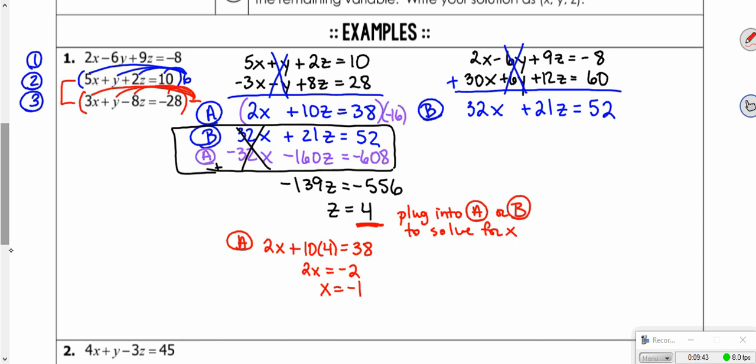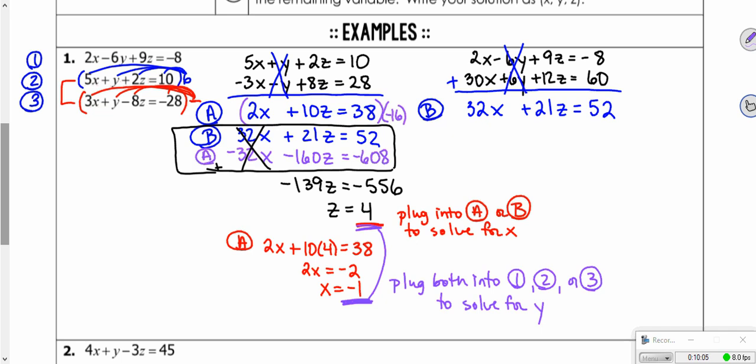Now I'm going to take this negative 1 and this 4. Now I can plug those into 1, 2, or 3 to solve for y. So again, we're back solving. You solve for your first variable, you plug it back into A or B to solve for the second one, then you plug those two back into equation 1, 2, or 3.